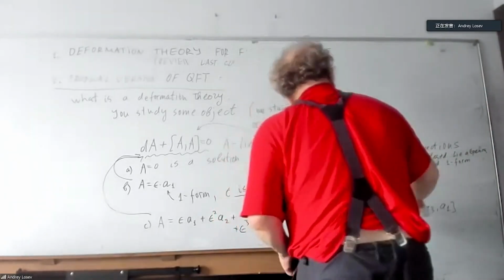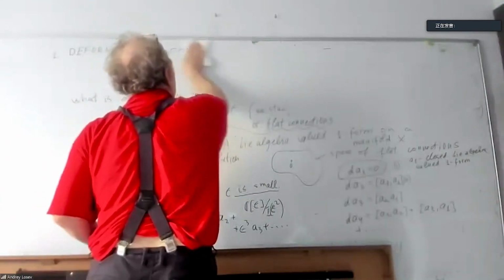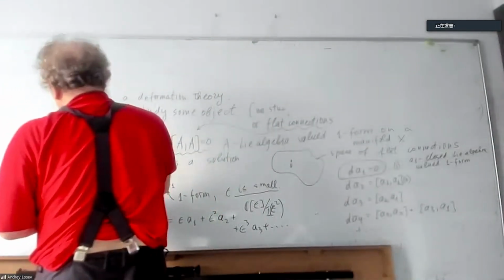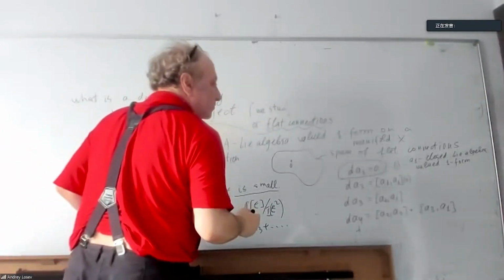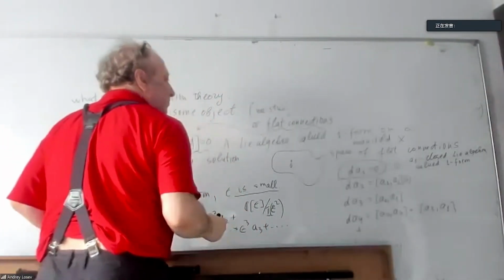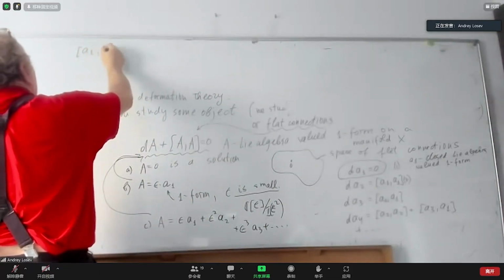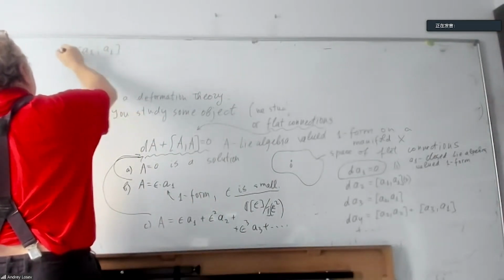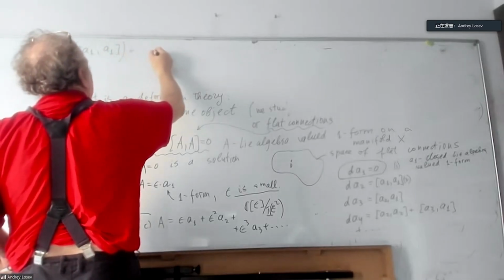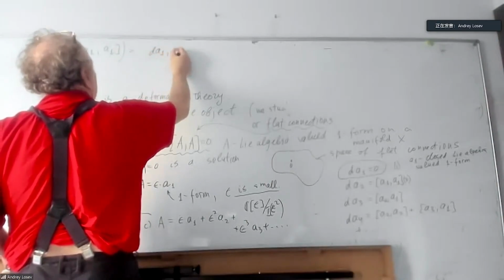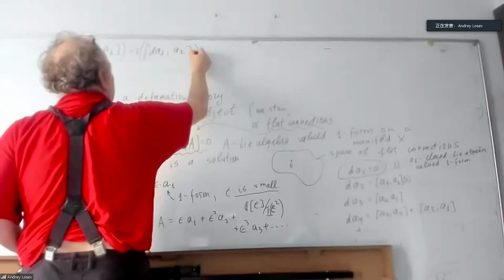I want to keep it on the board. A1, D of A1, A1 is dA1, A1, maybe with a factor 2.